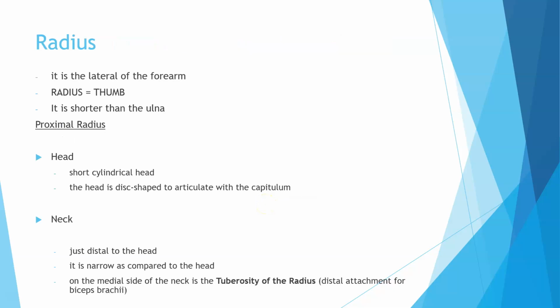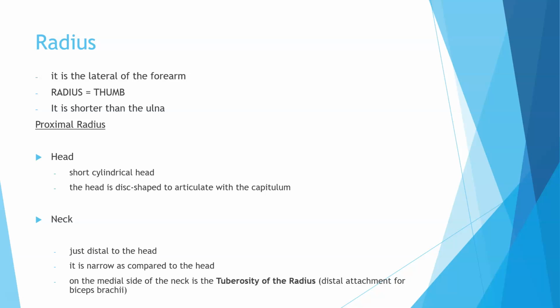So the radius, as I said, is the lateral aspect of the forearm in the anatomical position. I always remember it as radius, thumb, because again, it's on the lateral aspect. It is shorter than the ulna in comparison.